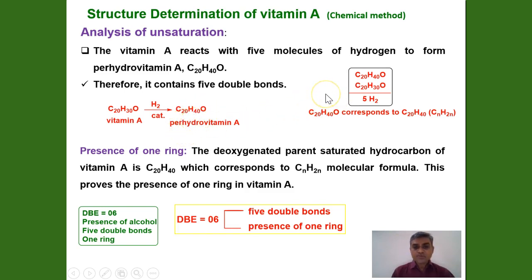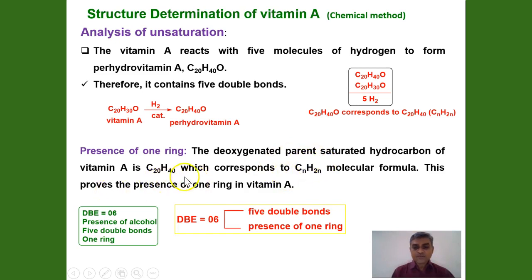Now, if you do some chemical arithmetic, this is very useful information to derive other information apart from the presence of double bonds. The hydrogenation product formula is C20H40O, and its parent hydrocarbon will be C20H40, and this C20H40 corresponds to CnH2n, which is the general formula for a monocyclic compound.